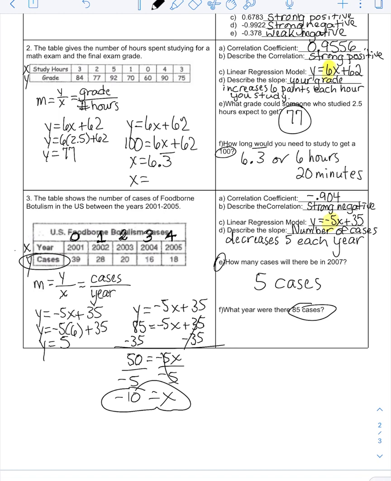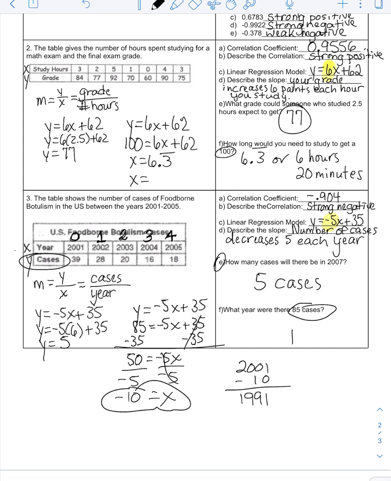But here's the deal. What does that mean? If 2001 is my first year, 0, and the year that I come up with is -10, what does that mean? Well, guys, all that means is that 10 years ago, you see that? 2001 minus 10 is going to be 1991.